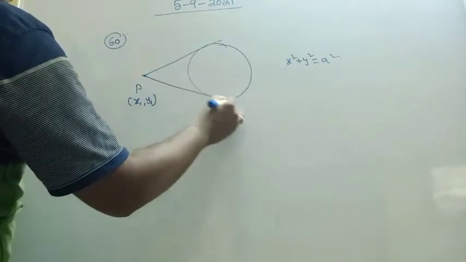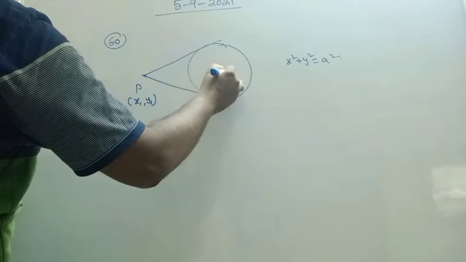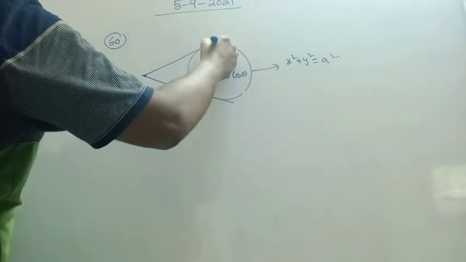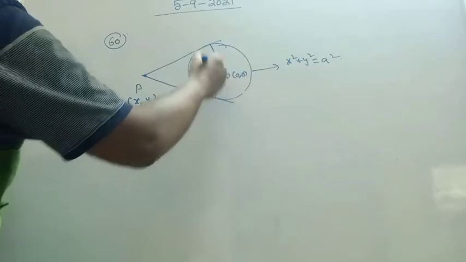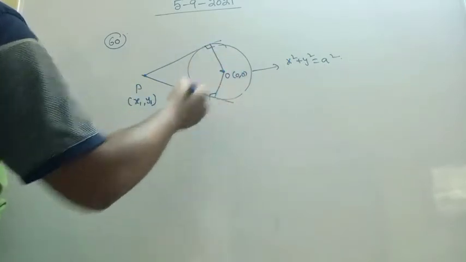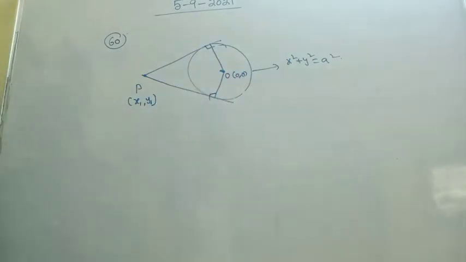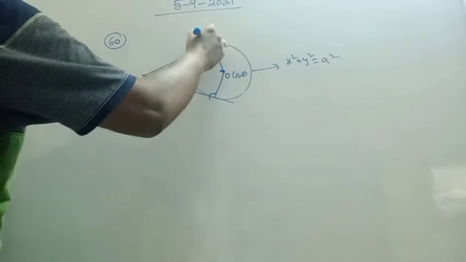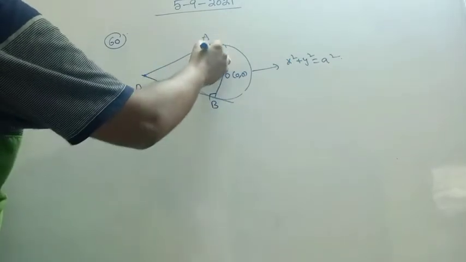O is the center of the given circle. You know that this angle is 90 degrees, and this is 90 degrees. They are asking for the equation of the circumcircle of triangle PAB, with A and B here.